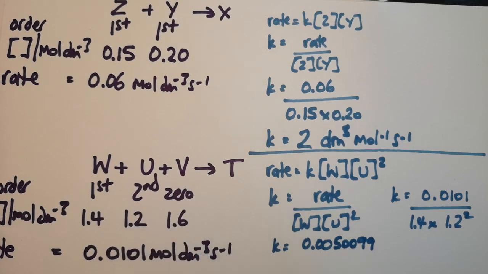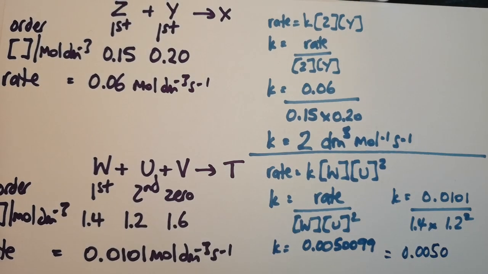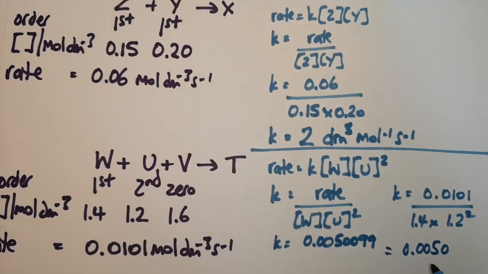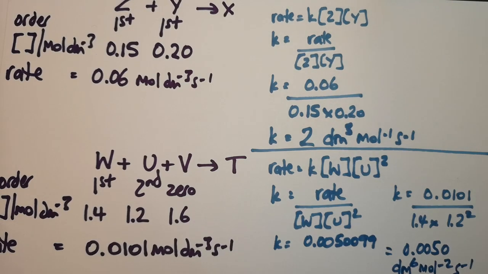We should use the lowest number of significant figures. So I'm going to report this answer to 2 significant figures, which is 0.0050. And my units, it's third order overall, so it's dm6 moles to the -2, s to the -1.